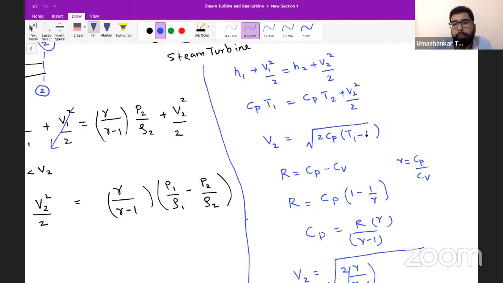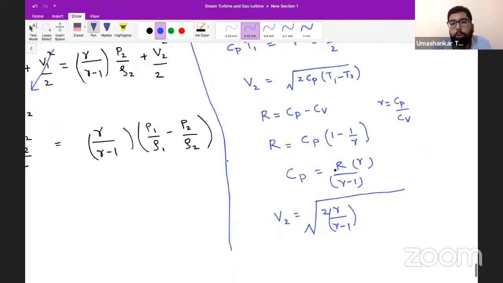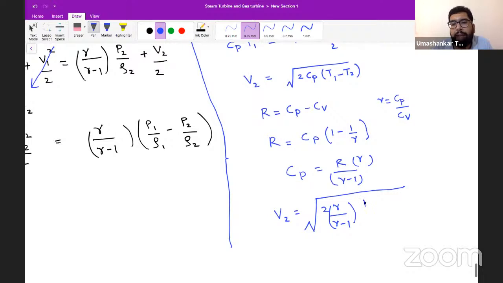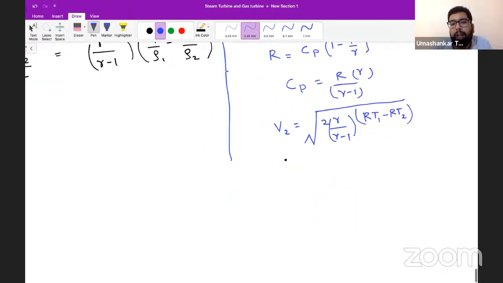So 2 gamma upon gamma minus 1, we can write R T1 minus R T2. So V2 will come out to be under root 2 gamma upon gamma minus 1, P1 by rho 1 minus P2 by rho 2.